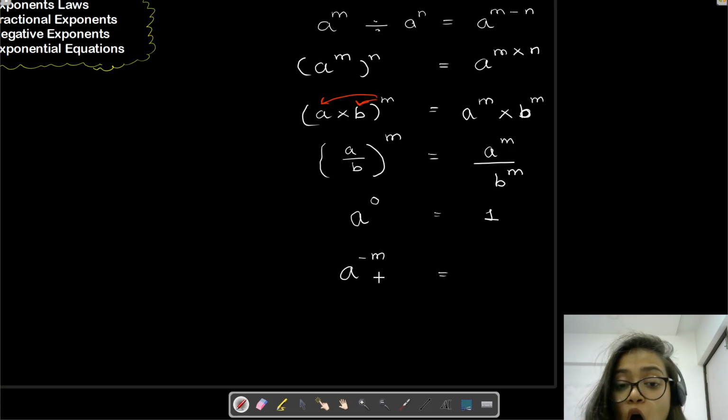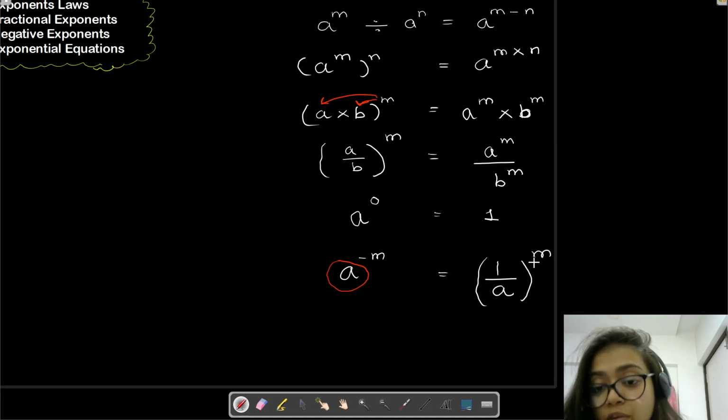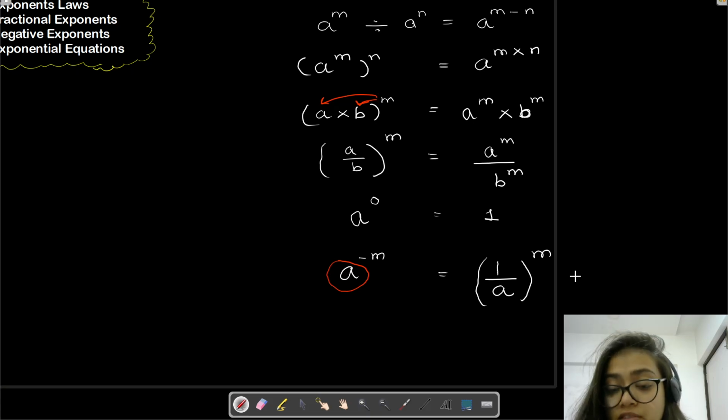You can make an exponent positive by taking the reciprocal of the base. This is the base, so we are going to take the reciprocal of a, that is nothing but 1 over a, and this whole thing raised to exponent m. When you take the reciprocal of the base, the exponent becomes positive.